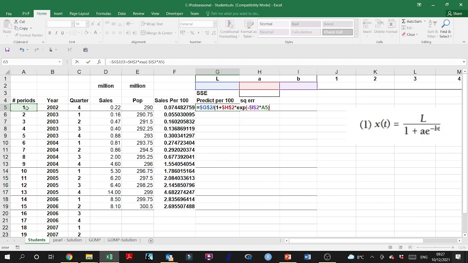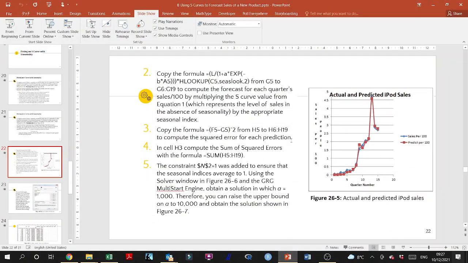Be careful. And then close this, make sure that this is all closed. And I will multiply this whole thing with the H lookup as I showed you earlier. So this whole formula, L over this, when you close everything, is multiplied by this H lookup.